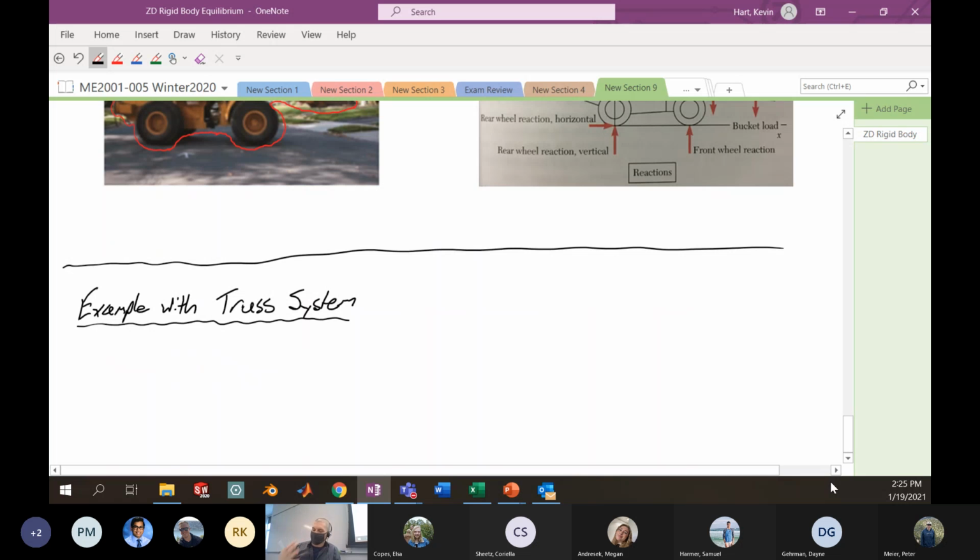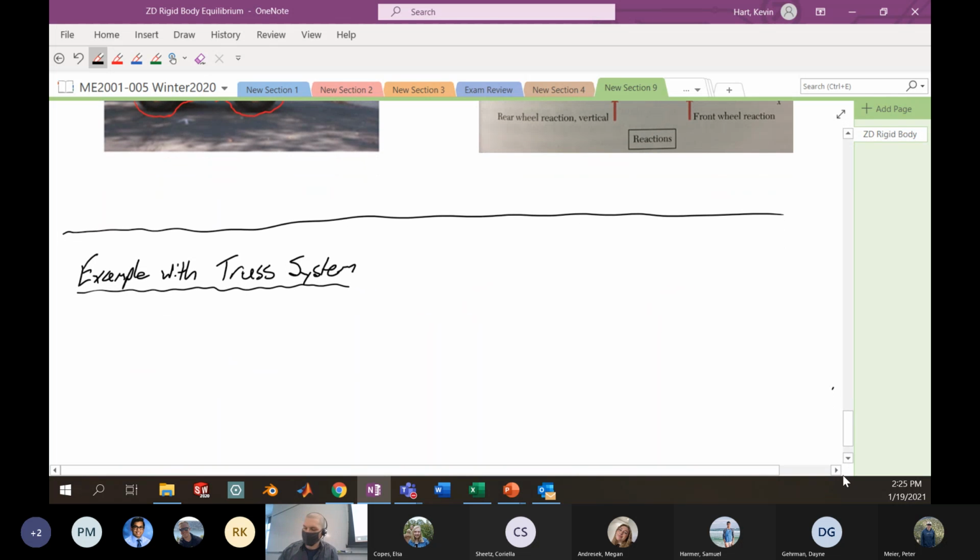But for now, let's look at them with a broad stroke, considering a free body diagram of a truss and how we might break it down. All right, so let's consider a truss with three external loads.